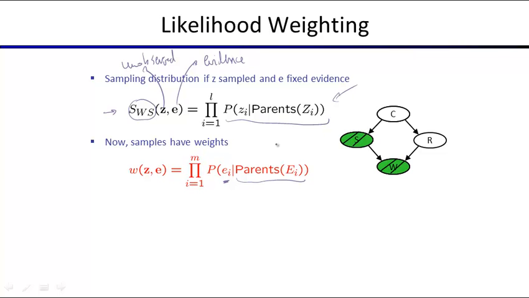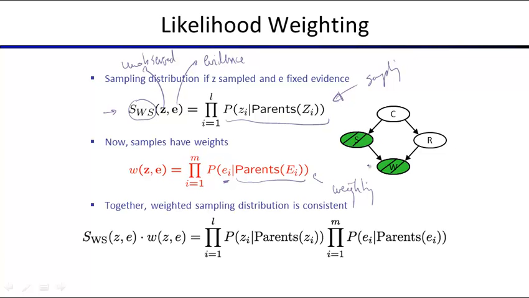So in the weight of a sample, we keep track of the missing part of the distribution. This is what we account for with sampling, and this is what we account for with weighting. And multiplied together, they account for everything that's in the original full joint distribution.